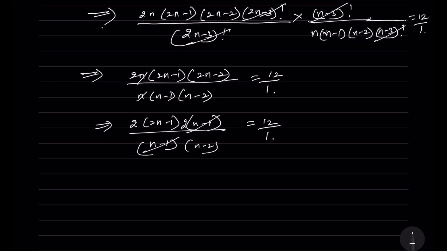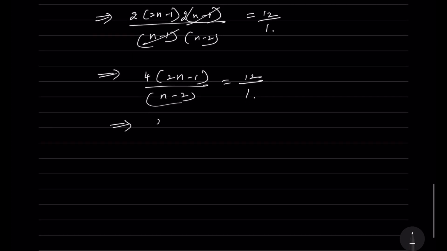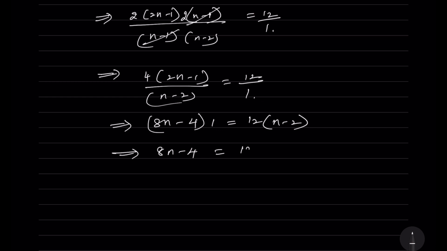So here we get 4 into 2n minus 1 by n minus 2 is equal to 12 by 1. Now cross multiply, so we get 8n minus 4 is equal to 12 into n minus 2, which is 12n minus 24.